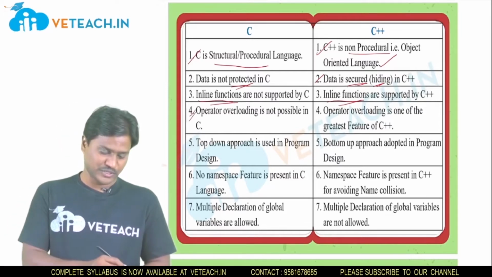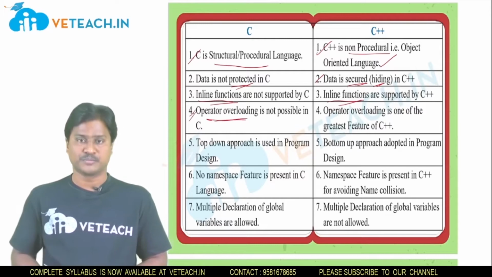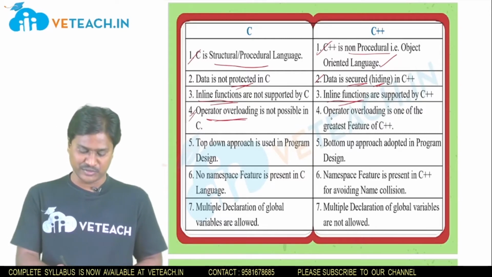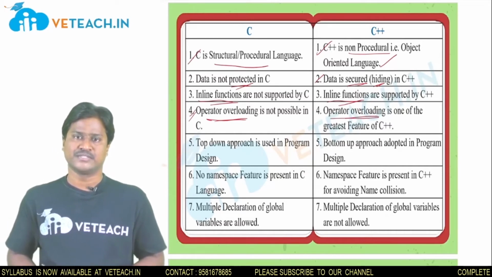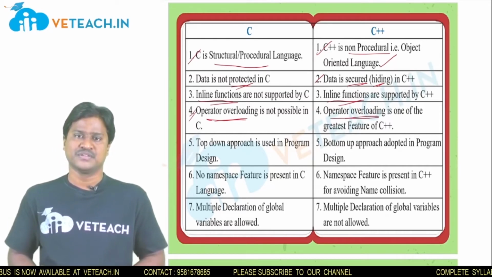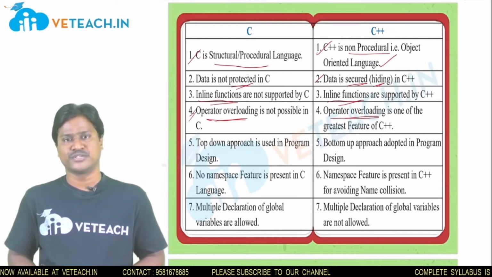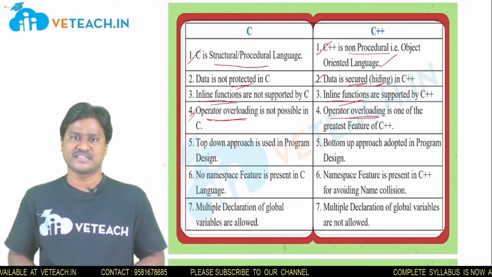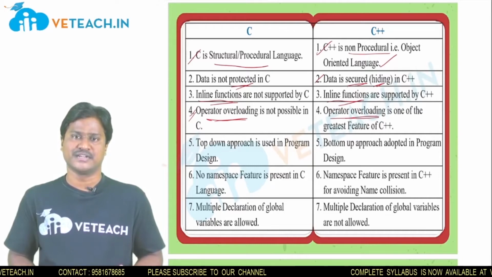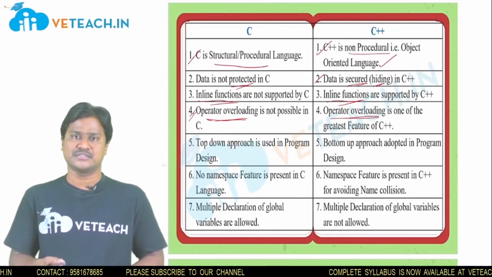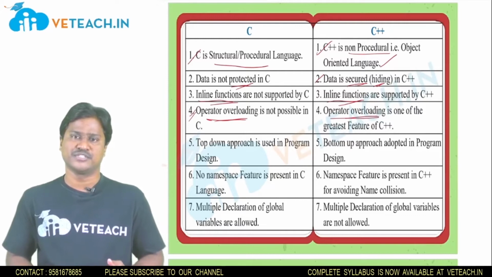Coming to the next one, operator overloading is not possible in C, whereas operator overloading is one of the greatest features added to C++. Object-oriented programming generally consists of classes, and classes may contain members like data along with code, and sometimes we apply operations on data.